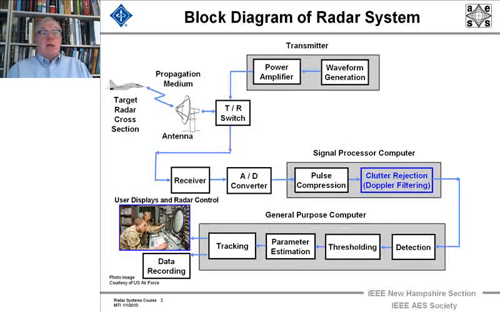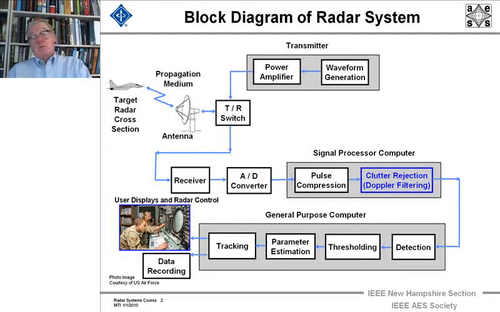And the prime object of radar, one of the biggest and toughest things, is to see deeper and deeper into the clutter so that radars will work very well in high clutter regions, and particularly as targets get smaller.